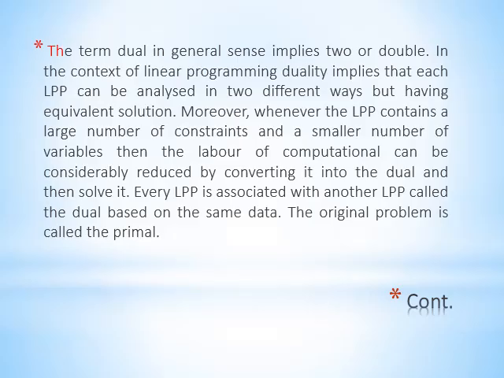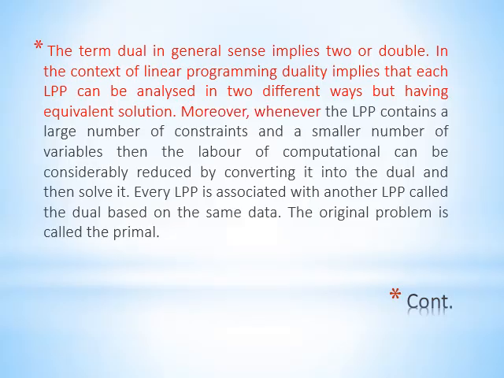The term dual in general sense implies two or double. In the context of linear programming, duality implies that each LPP can be analyzed in two different ways but having an equivalent solution.